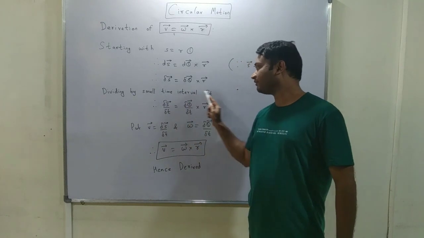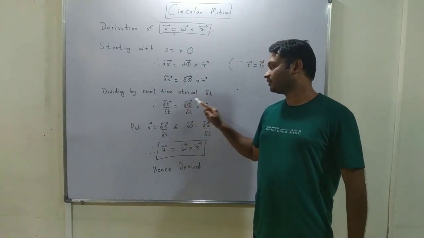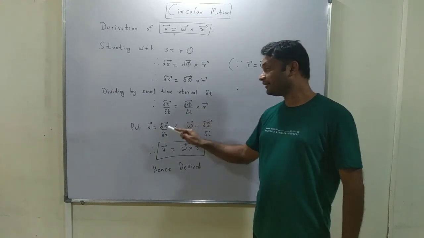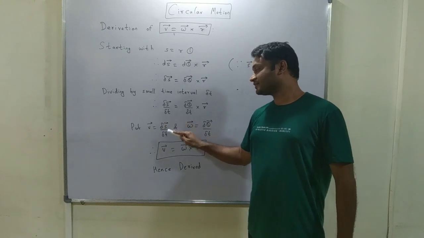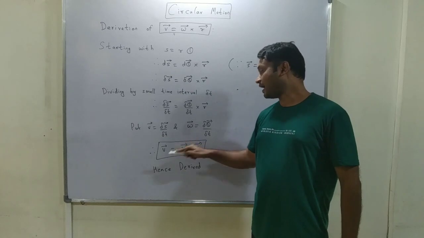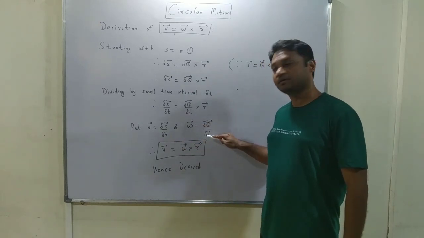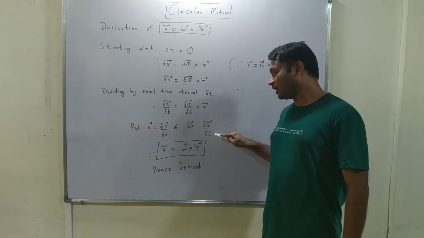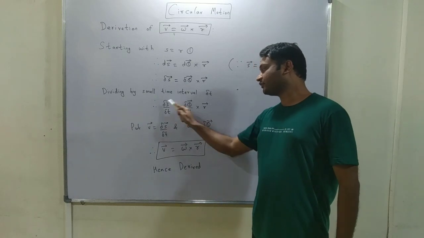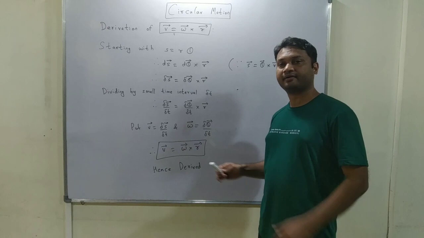Dividing by small time interval del t, we get del s upon del t is equal to del theta upon del t cross r. But velocity is del s upon del t, small displacement upon small time, and angular velocity is del theta upon del t, small angular displacement upon small time. Therefore, we can rewrite this equation as v is equal to omega cross r.